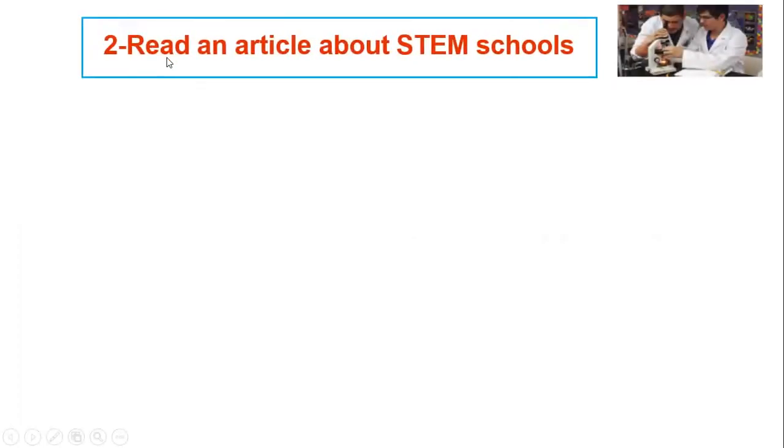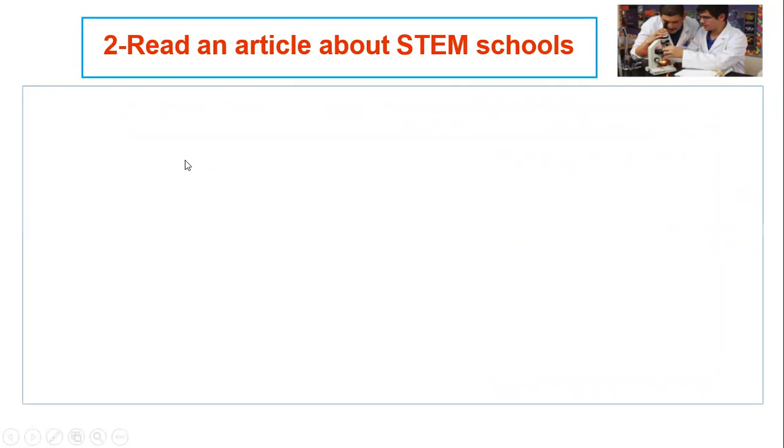2, read an article about a STEM school. So now we're going to read a complete article about a STEM school. We're going to know all the information about STEM schools. Okay.